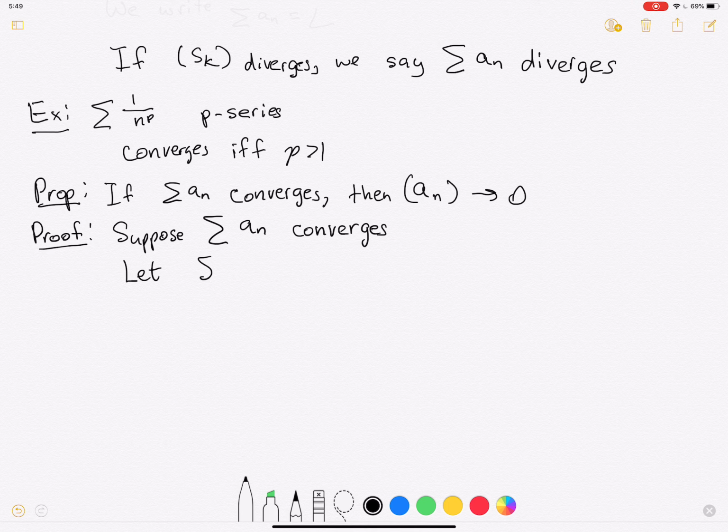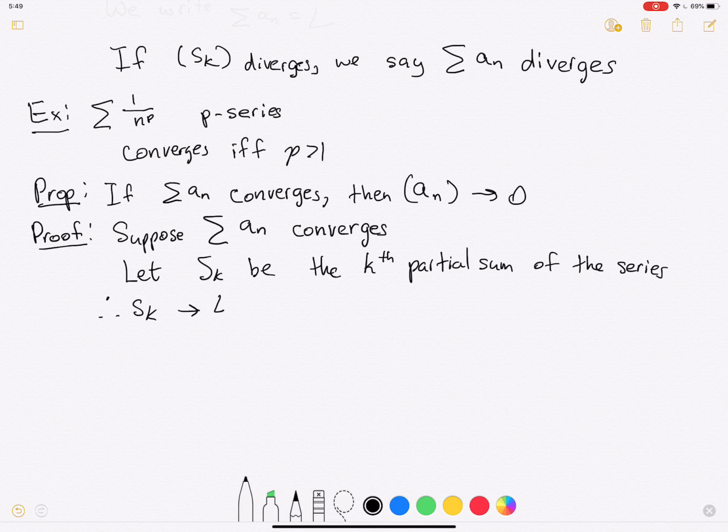Let s_k be the kth partial sum of the series. So s_k has limit L for some real L, because we're saying the series converges, so the sequence of partial sums must converge to some L.